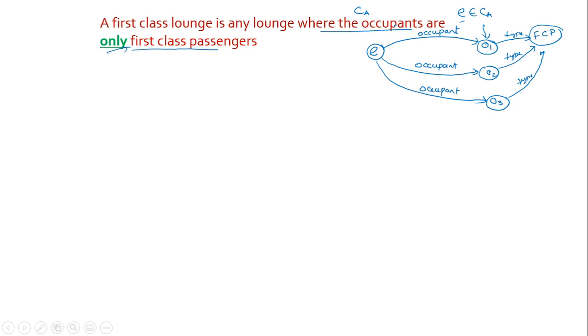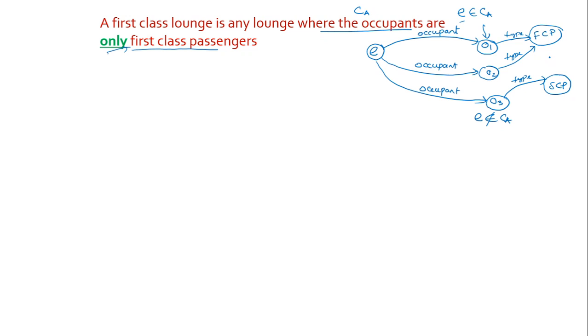Now let us think about another situation where O3 belongs to another class, for example second class passenger. In that scenario, E does not belong to CA, because you have at least one instance where the occupant belongs to a class different from FCP.